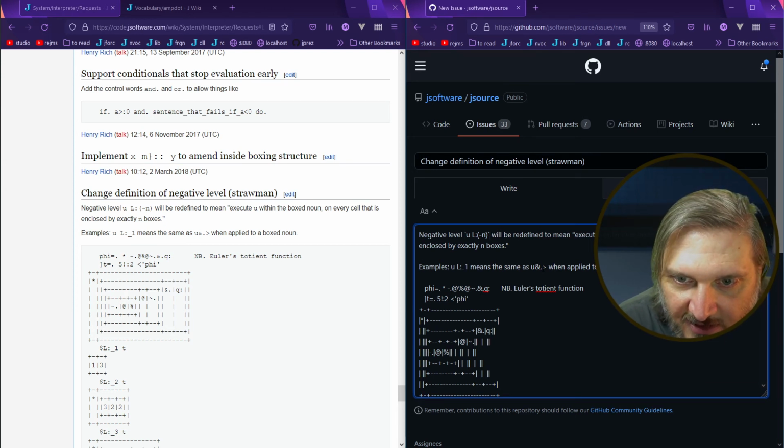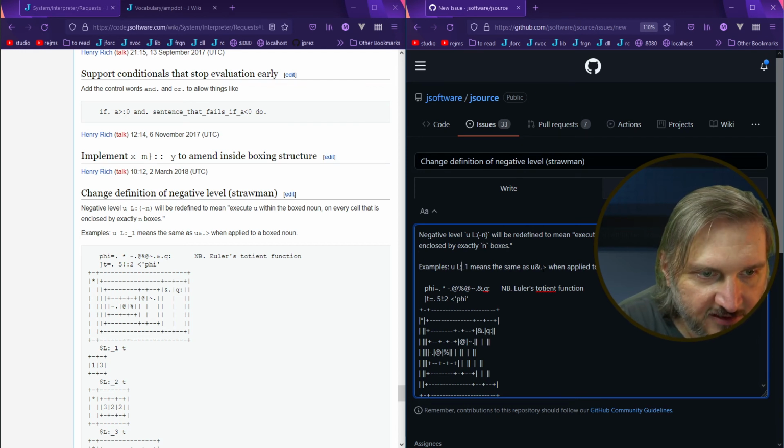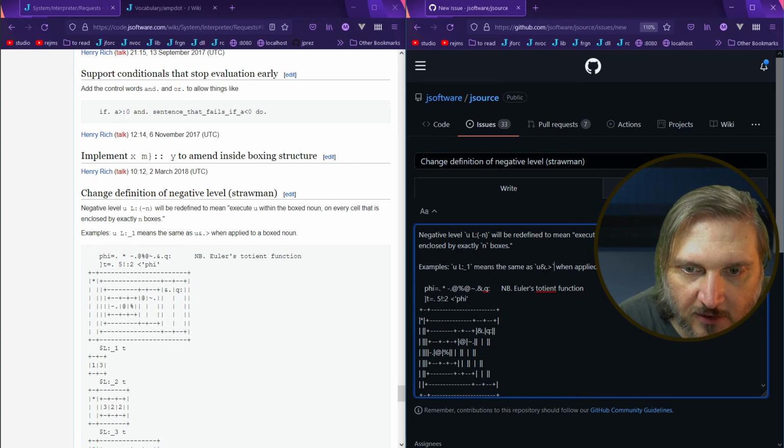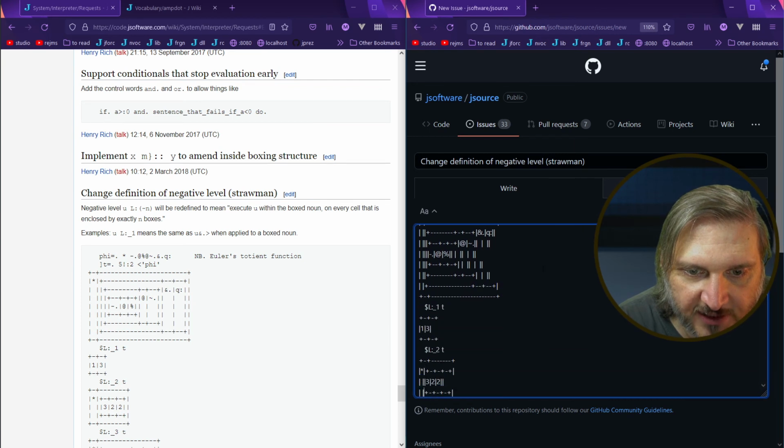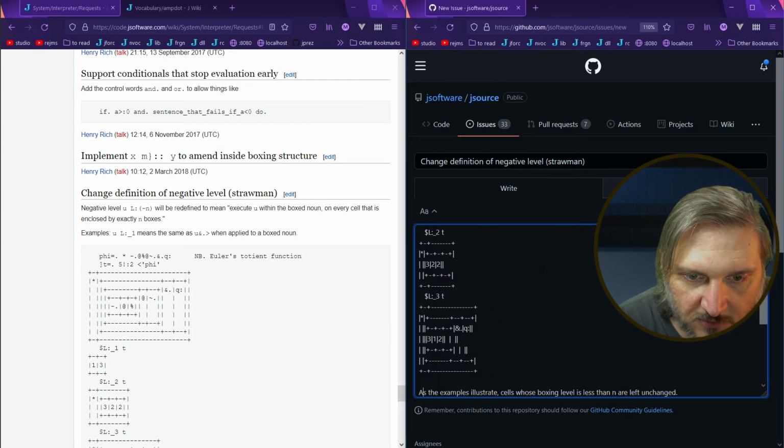I don't fully understand it yet. I didn't read the proposal here yet. I think there's also a wiki page about it somewhere. It's all about piping data through trains in different ways. Well, I guess we'll get to that soon.